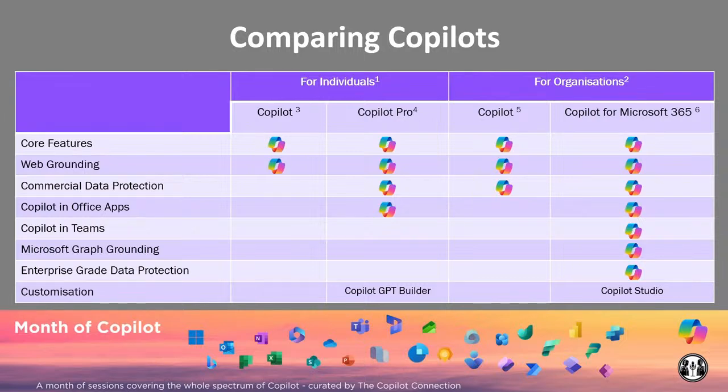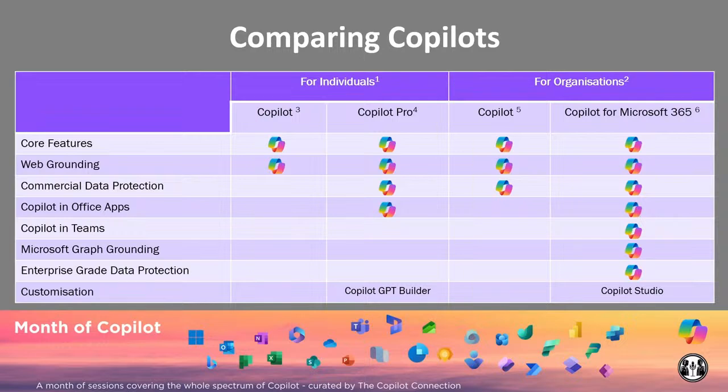As a user of Microsoft 365, I very much want to use the organizational level Copilot for most of the things that I do because I've got that commercial data protection, the knowledge that what I'm putting into my Copilot prompts isn't being used to train the model.